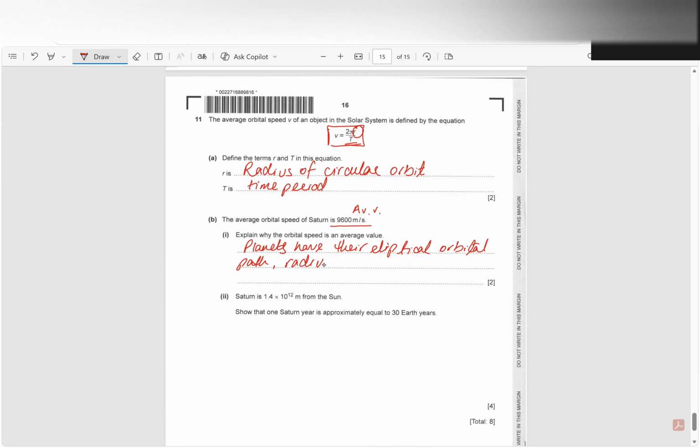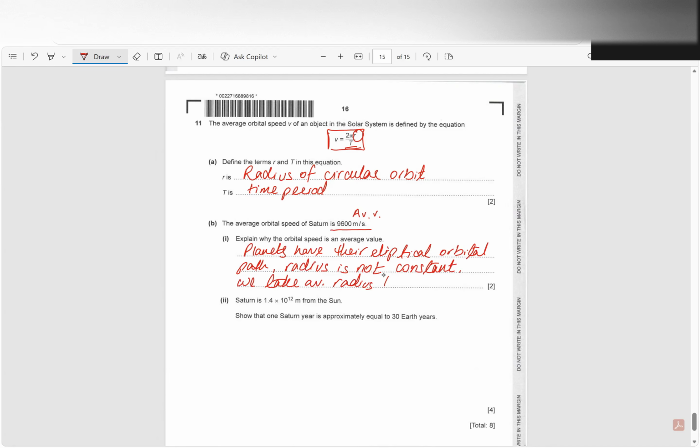Radius is not constant. We take average radius, therefore average velocity. I hope we're good.